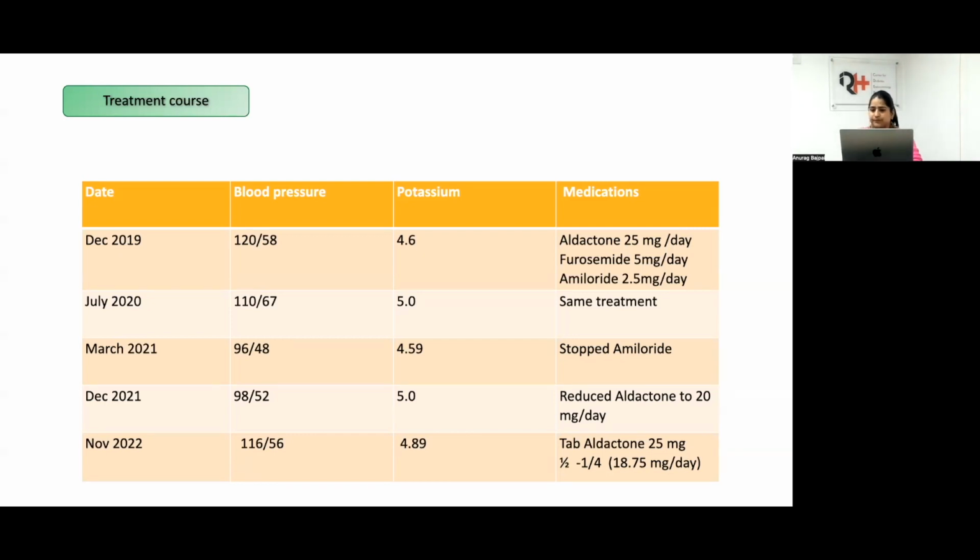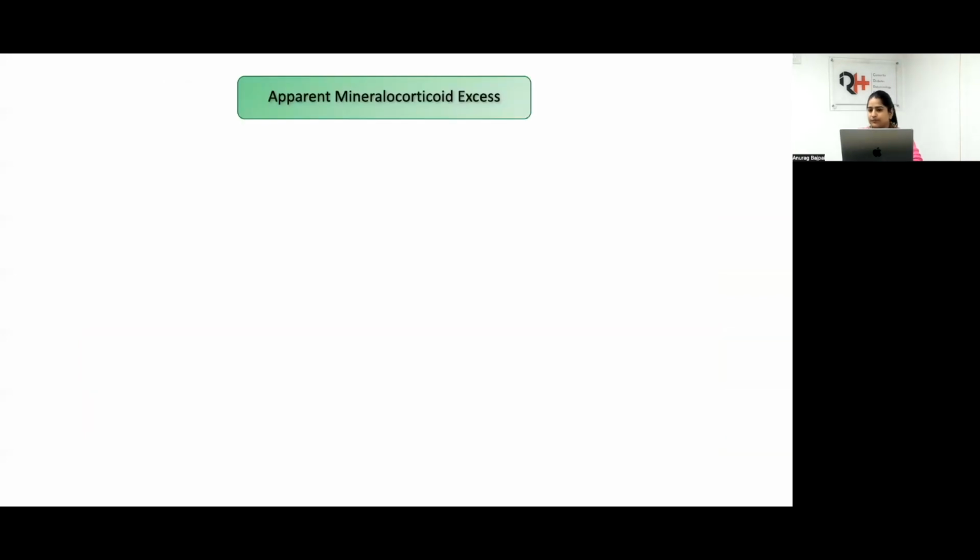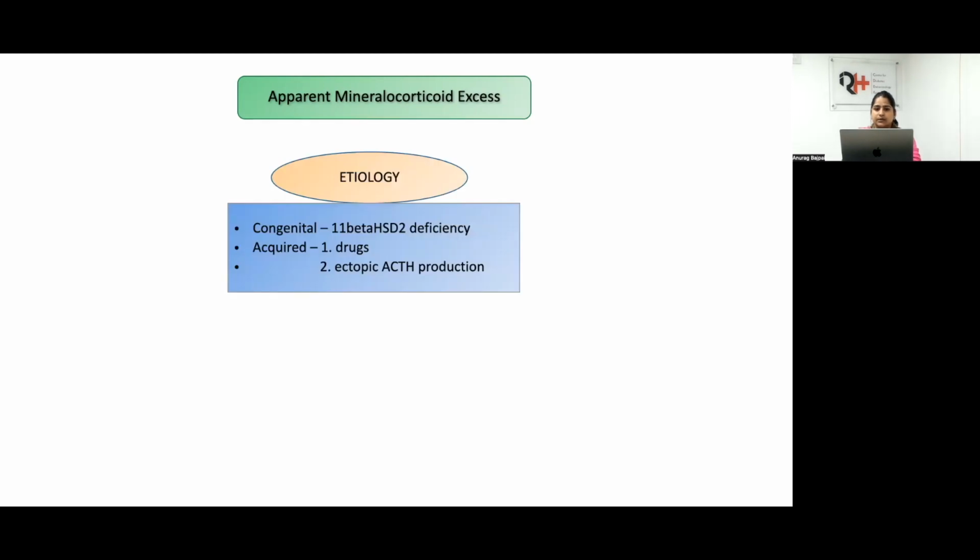So this is like a precision therapy. You've got the diagnosis and you're treating the problem, which is increased mineralocorticoid activity, by suppressing mineralocorticoid. This is what precision medicine basically is. So the final diagnosis is apparent mineralocorticoid excess, and AME could be congenital or acquired.